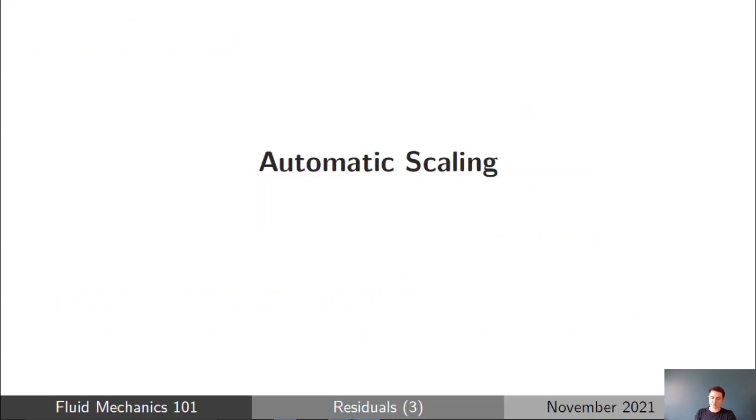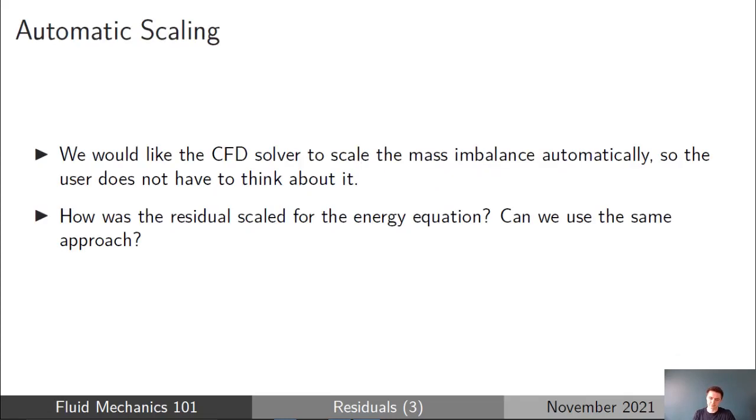And this is particularly the case when we want to do automatic scaling. With manual scaling, that's always going to be fine if the user can calculate an appropriate heat flux or mass flux to scale the residuals and the imbalances by. But generally, when a CFD code is written, we have to assume that we're going to have a really complicated problem where we won't be able to do manual scaling, and the CFD code needs to do some type of scaling automatically by itself.